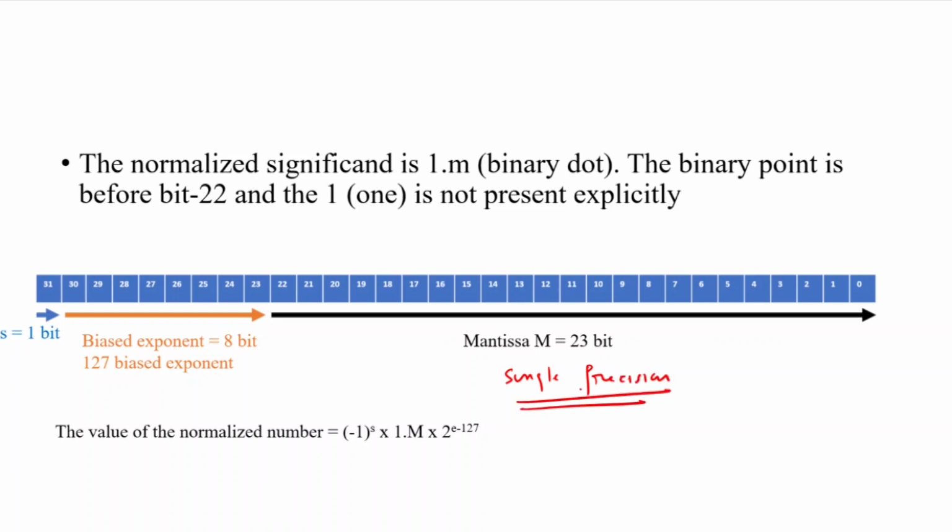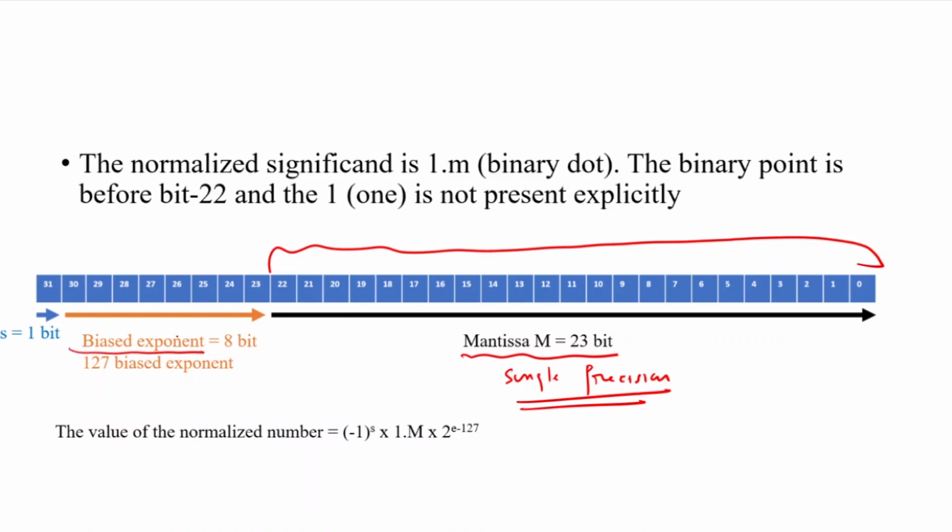Here the 23 least significant bits are used to represent the mantissa. Then the next 8 bits are used to represent the biased exponent, where we add 127 to the actual exponent.